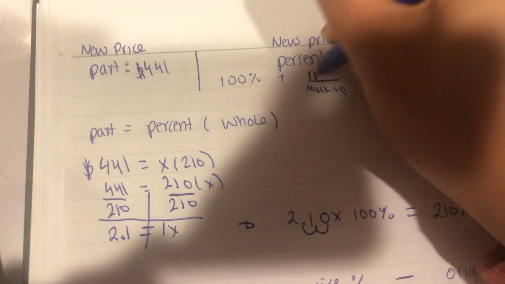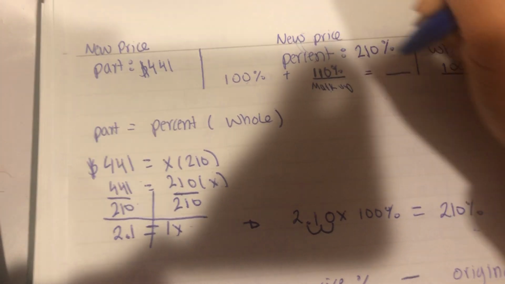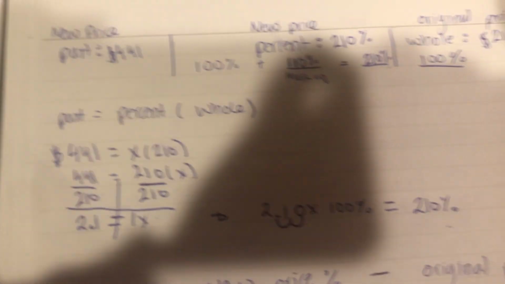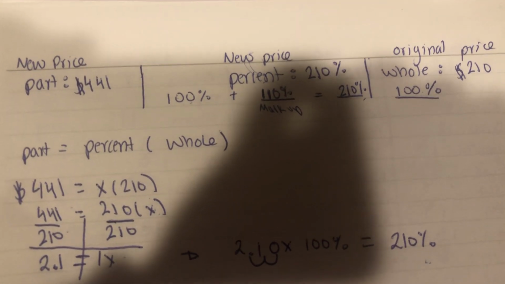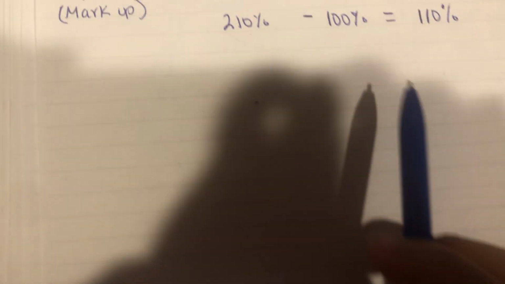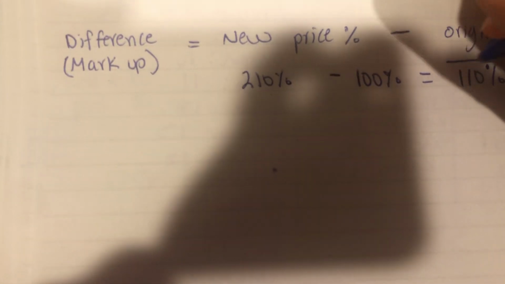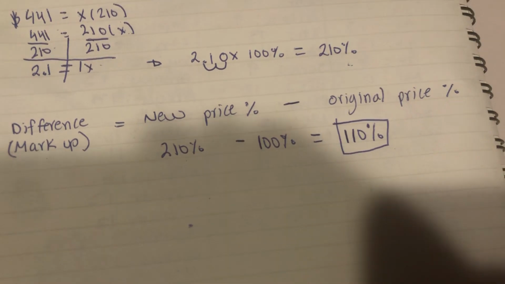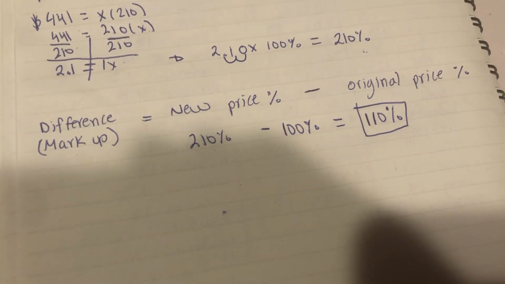So the markup is 110%, which gives me the percent of the new price, right? So my final answer is going to be 110% because that's how much the price actually increased by.